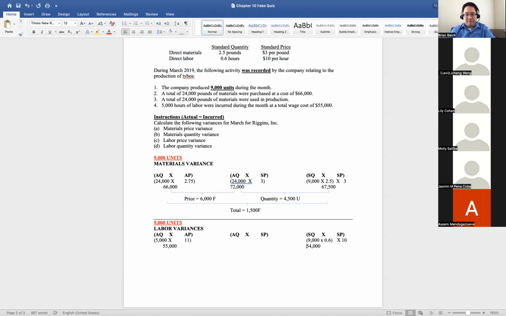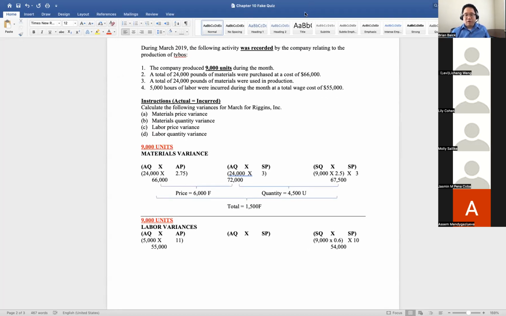54,000. Anybody have any questions about any of this so far? Like, can you repeat this? How did you get that? Okay, let's do the middle part. AQ is 5,000, times SP is 10, so in the middle we get 50,000.